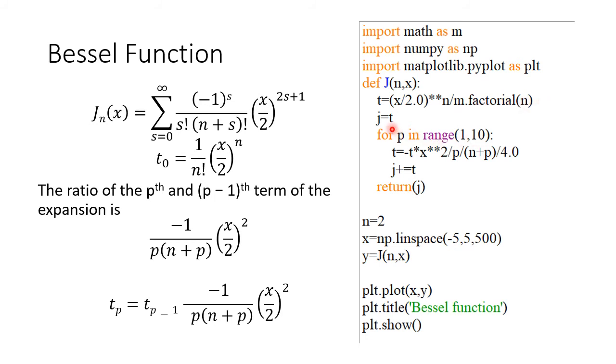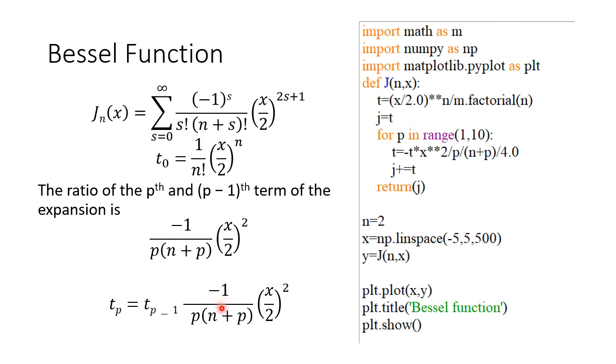Now we will use j as the variable to store the value of Bessel function at that particular n and x. So initially we set that to t, that is t0. Then we will repeatedly calculate the next term from the previous term. So the present term is equal to, this is the algorithm, the present term is equal to past term, the previous value of the term p minus 1, into this parameter.